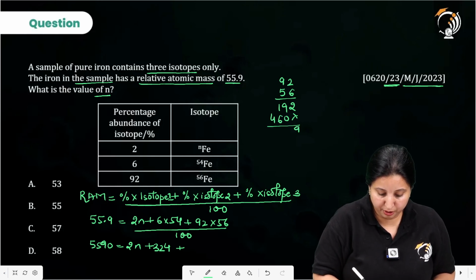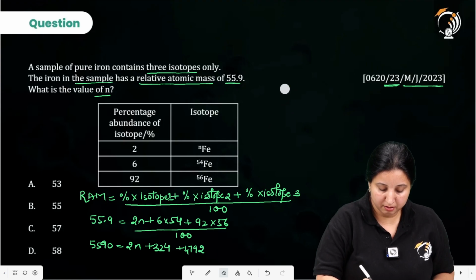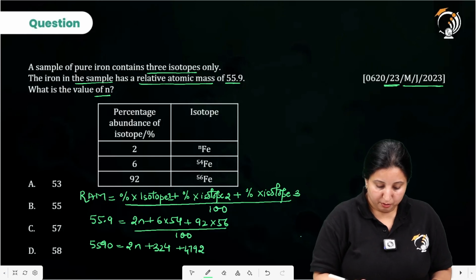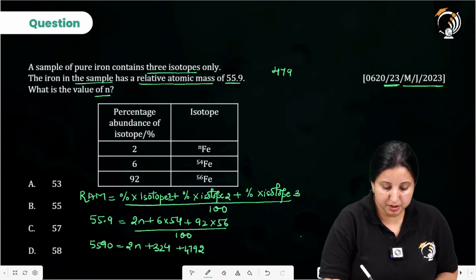So it is going to be 2974. Okay, so when you are going to solve it, what is it going to be? 4792 324.